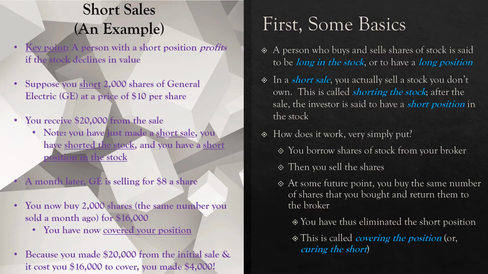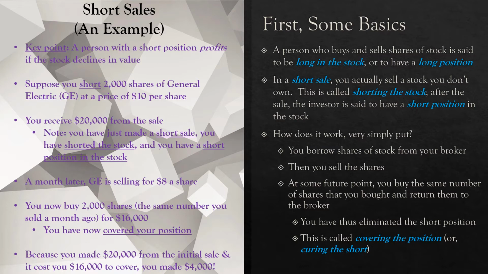But then a month later, GE is selling for $8 a share. So what you do is you now buy 2,000 shares, the same number you sold a month ago, and you buy those 2,000 shares for $16,000. So you've now covered your position.